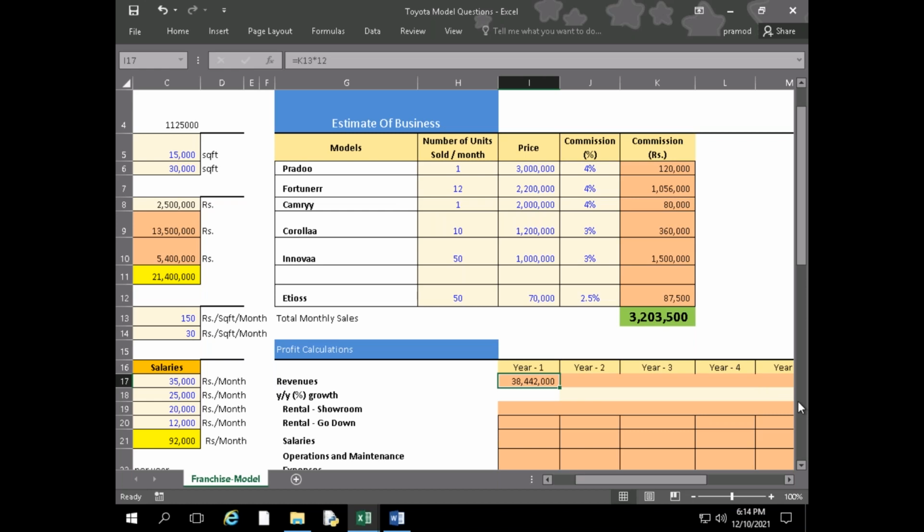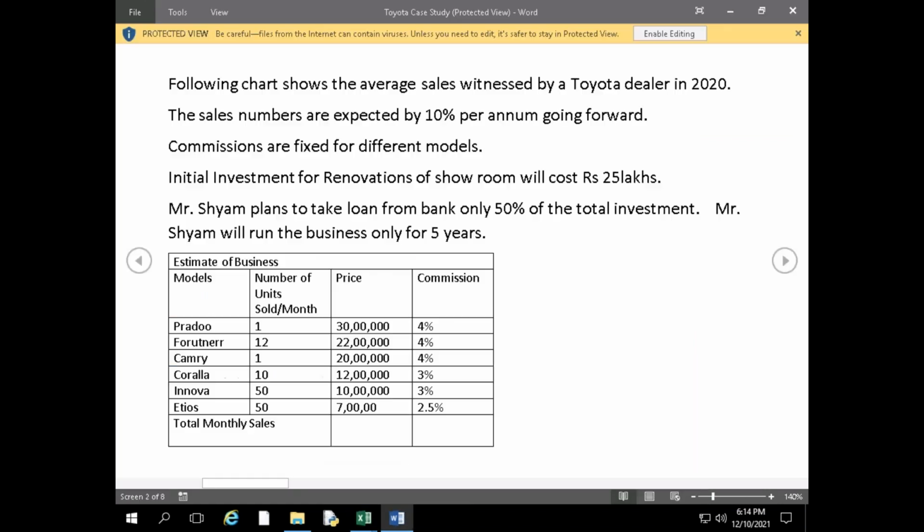Sir, what is the growth percentage? You need to read the question. The sales numbers are expected to grow by 10% annually going forward. 10% is the growth.